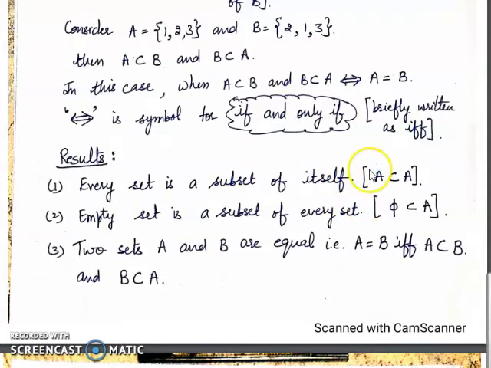Clear, beta? Now the third result: two sets A and B are equal, that is A is equal to B, if and only if A is a subset of B and B is a subset of A. You can consider this subset like factors of an element.